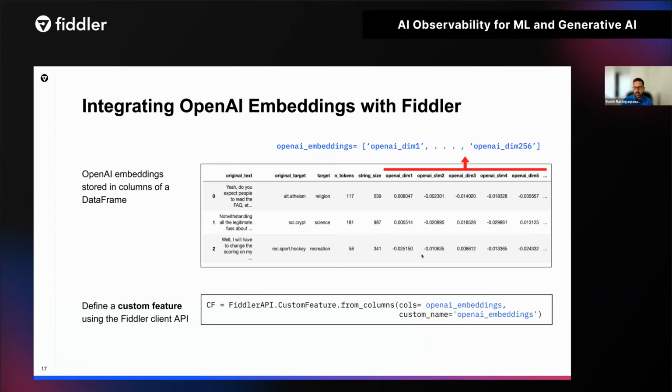So here I'm storing all of these embedding columns in a variable called OpenAI embedding, and I'm sending this to the from column custom feature API, and I assign a name to it. This name is what the user can use at the Fiddler UI to track and monitor different metrics for a custom feature.